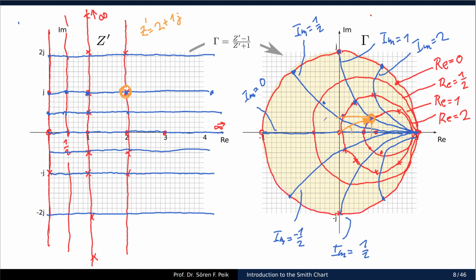And that's the main idea of the Smith chart. Forget about the left side. We only need the right side, because now we can pinpoint using the spider net here any impedance in the grid, mark it, and then read off from the underlying Cartesian coordinate system our gamma value. And that makes it possible to convert z prime to gamma. And we can also do the backward if we want to.